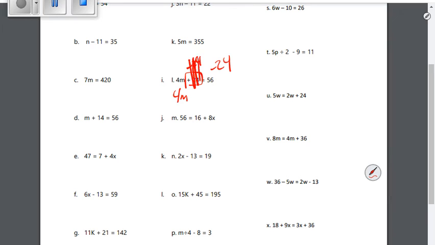This is now history. It's gone because plus 24 and minus 24 is nothing. So 56 minus 24 is equal to 32. Divide off. This is a multiplying. So what's the opposite of multiplying? Divide by 4. So m is equal to 8. Okay.